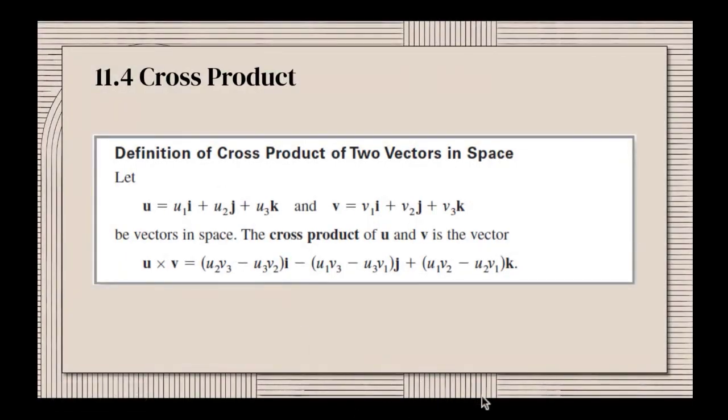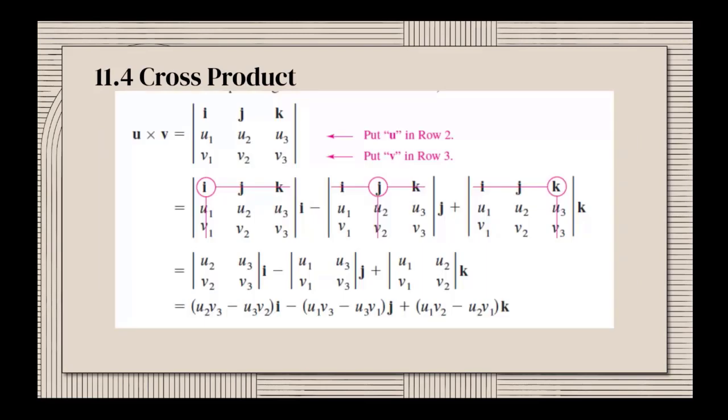So moving on to cross product. In 11.4 we talk about how to take the cross product, and the cross product will result in another vector when you take the cross product of two vectors. The way to take the cross product is to put it in a 3 by 3 arrangement of rows and columns.